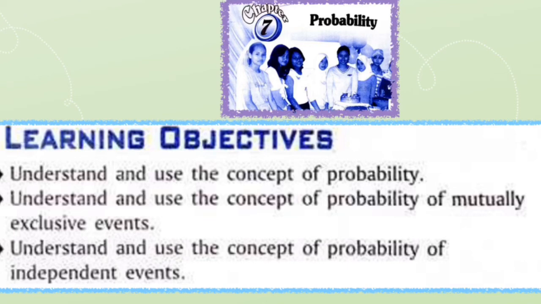You also learned how to do probability using the formula, and you also understand the use and concept of probability of dependent events and also independent events. For the next lesson, we will discuss the concept of probability of mutually exclusive events. So please follow my video teaching.